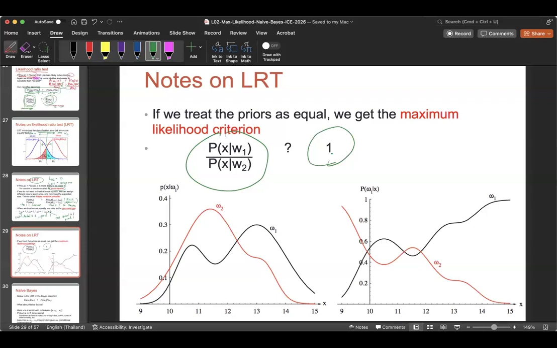This is equivalent to comparing just the likelihood equation, treating the prior terms to be the same. That is, you don't care about how likely a class is supposed to happen.